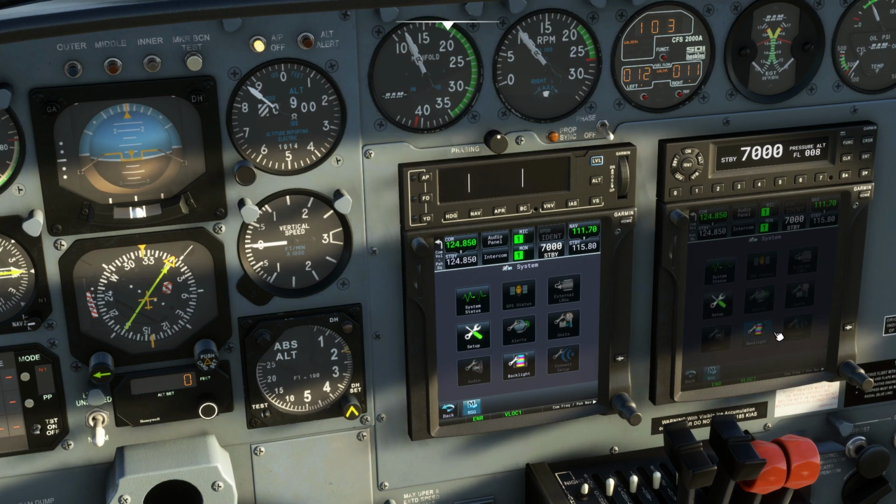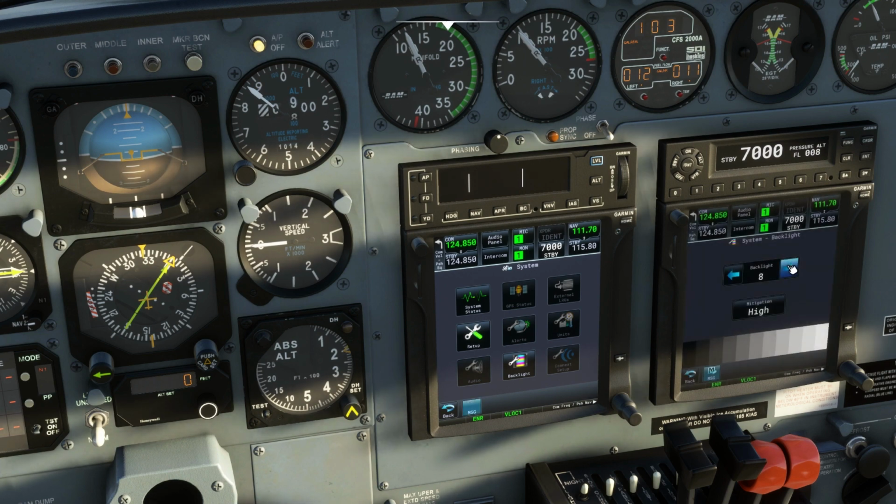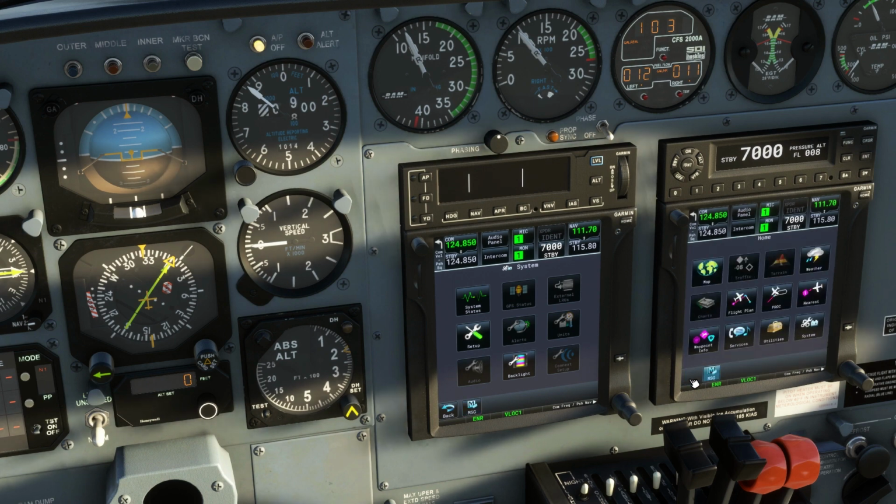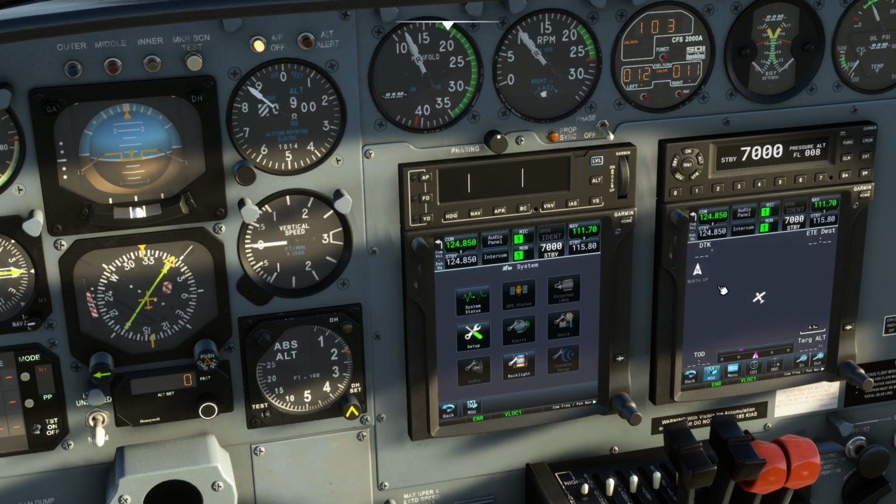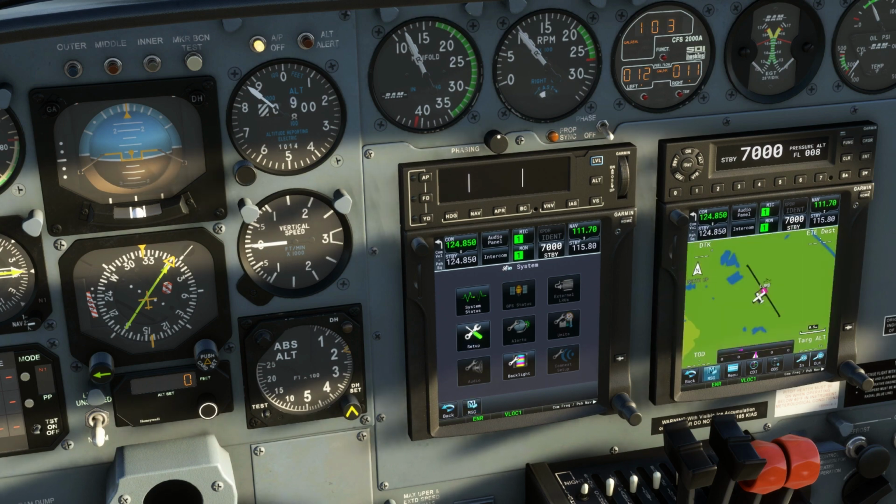By the way, these are the PMS 50 GTN 750 units.